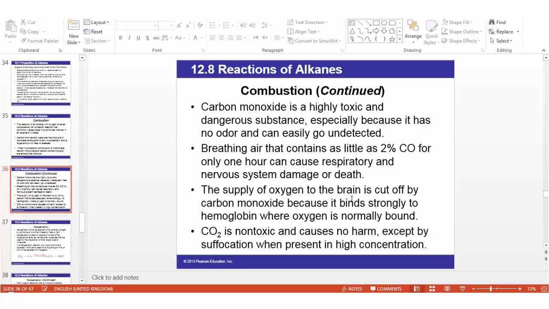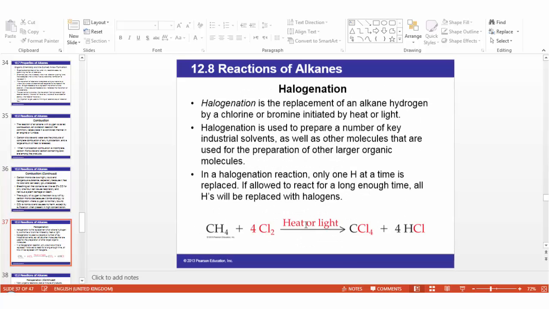The supply of oxygen to the brain is cut off by carbon monoxide because it binds strongly to hemoglobin, where oxygen is normally bound. Actually, the affinity of CO to hemoglobin is far more than the affinity of oxygen to hemoglobin. CO2 is non-toxic and causes no harm except by suffocation when present in high concentration.